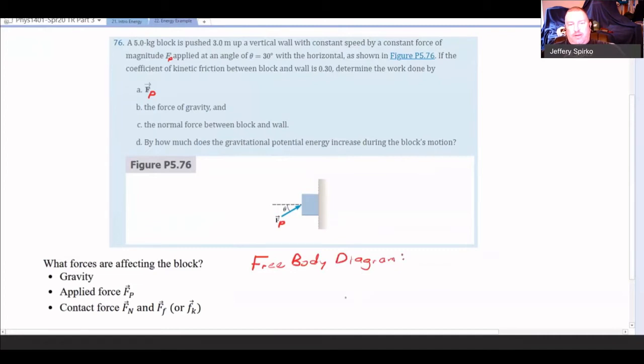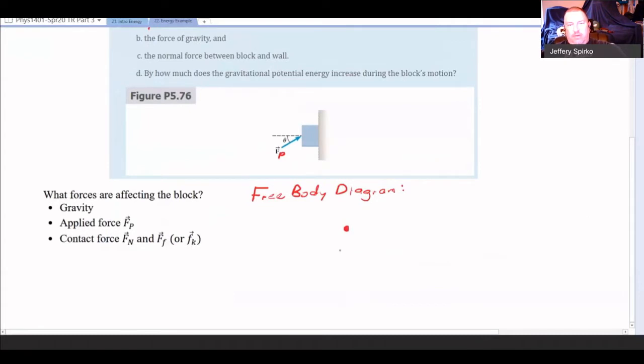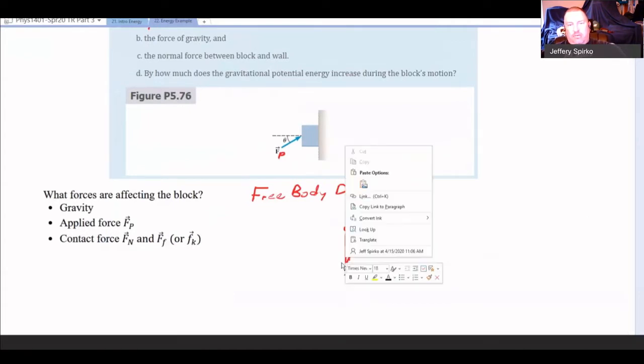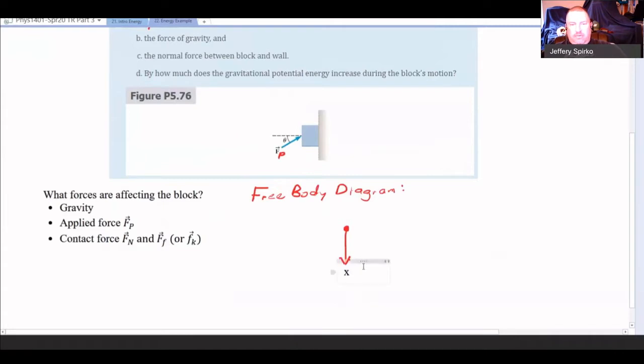In our free body diagram, we're going to have our object, and we'll have our downward F sub G. And the next one that's fairly easy is this pushing force, F sub P. And then the normal force always is perpendicular to the surface.